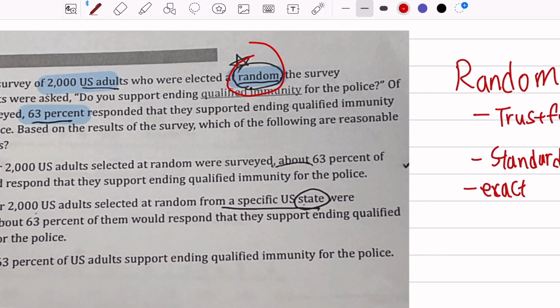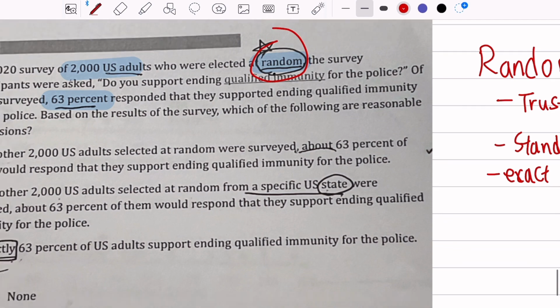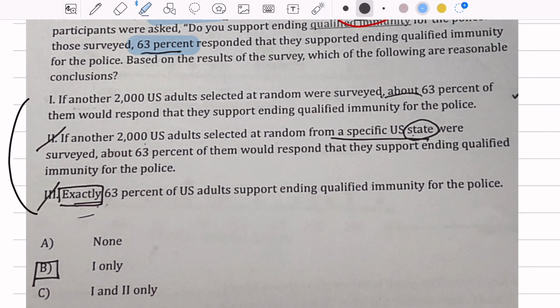The reason random is trustworthy is because it means you didn't have a bias when you chose the participants, right? So it's random, so it's very trustworthy. So let's go into the options.